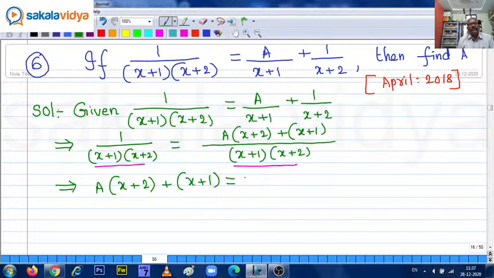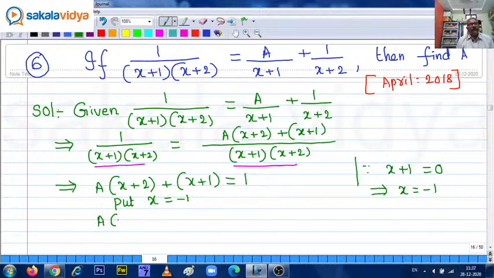I already told you this is called identity. So now using suppressing method, x plus 1 need to be suppressed. Suppressing means equated to 0. X plus 1 equals to 0. You get x is equal to -1. So put x is equal to -1. So what happens? A of (-1 plus 2).